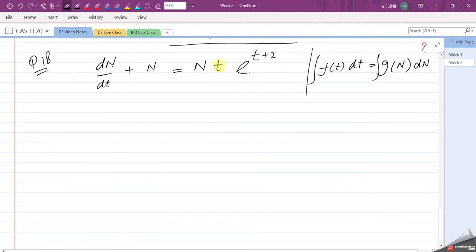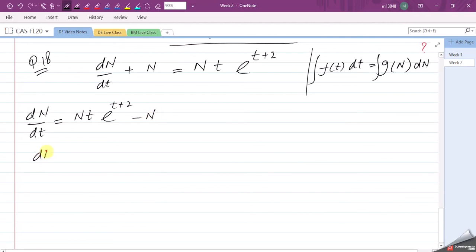There are two possible approaches here. One is we can divide the whole equation by n, or we can send this n to the other side. I'll take this approach here. dn by dt equals nt e power t plus 2 minus n.